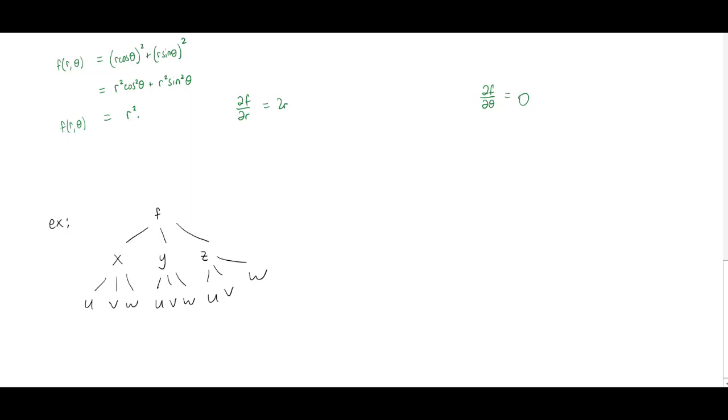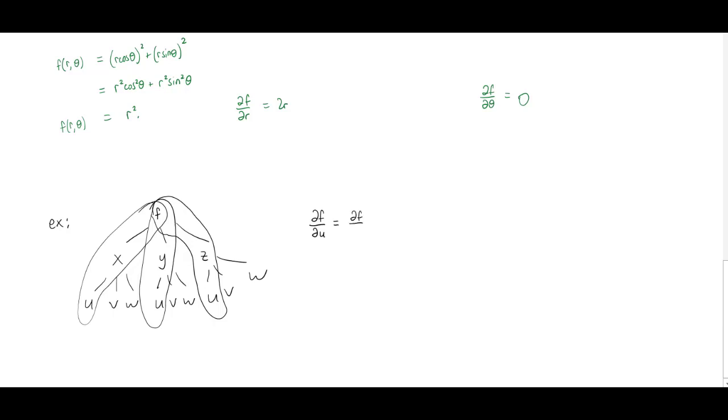So if you want to compute now the partial of f with respect to u, here we have 3 branches going down to u. That probably looks awful, but in order to get the chain rule, I would want to do, going down this first branch, the partial of f with respect to x, and then times the partial of x with respect to u.